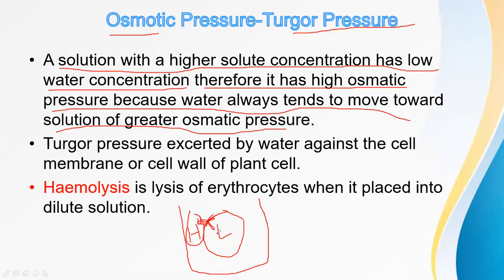This kind of situation we call osmotic pressure, meaning now the cell has a high osmotic pressure, because water always tends to move towards a solution of greater osmotic pressure. Here the water always moves towards the high concentration solution.